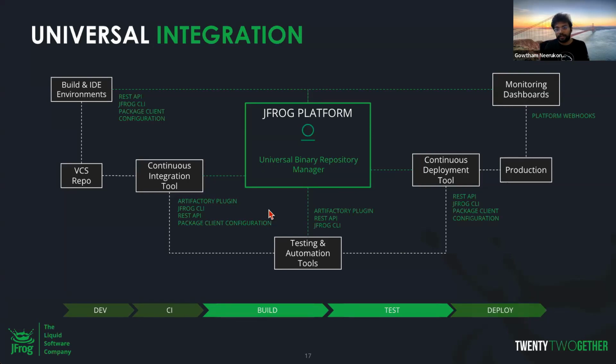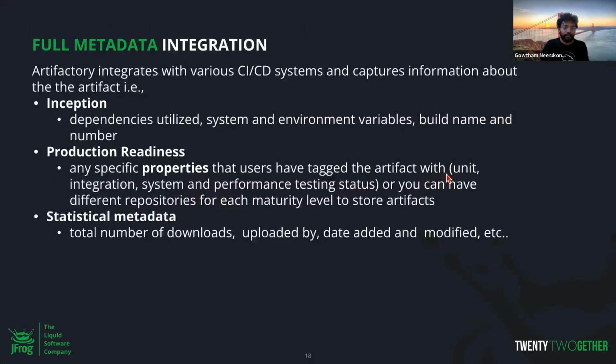We have also seen various entities using some sort of an NFS shared drive or some sort of a version control system even to store their artifacts. But when it comes to a given software artifact, the metadata is the key in order to determine whether the given software artifact is ready to be deployed or not.